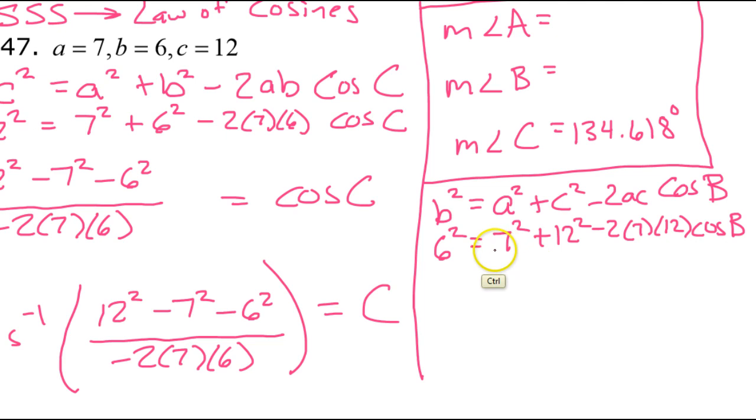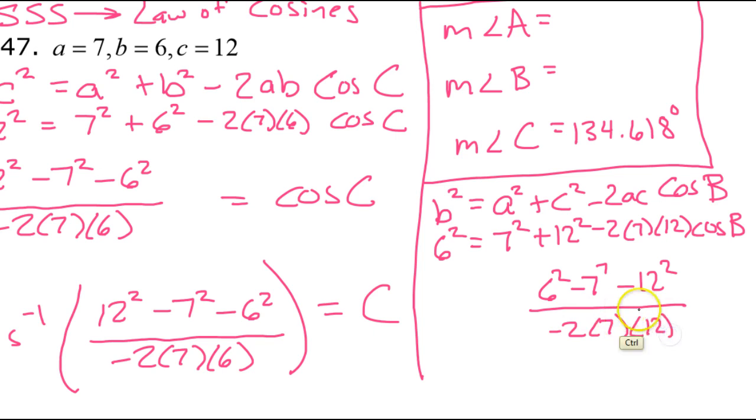If I were to subtract the 7 squared and the 12 squared from both sides, that would give me 6 squared minus 7 squared minus 12 squared. Then I would have to divide by negative 2 times 7 times 12.